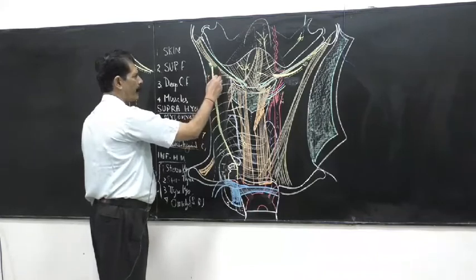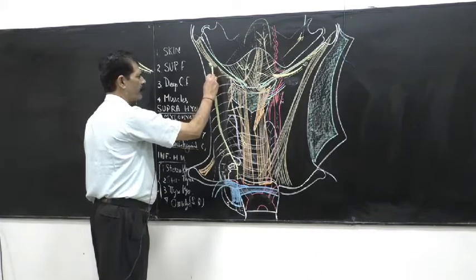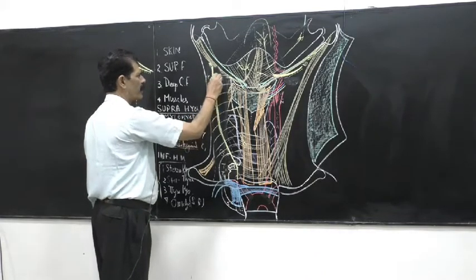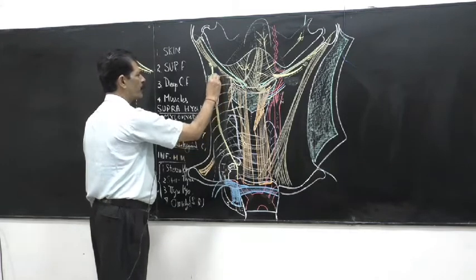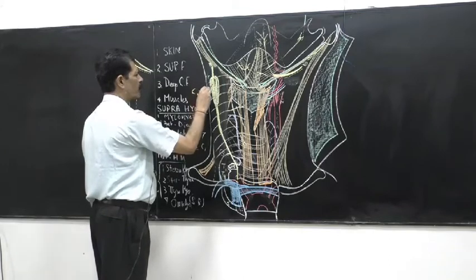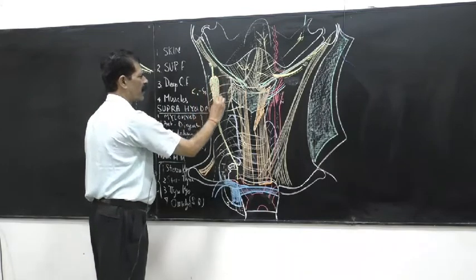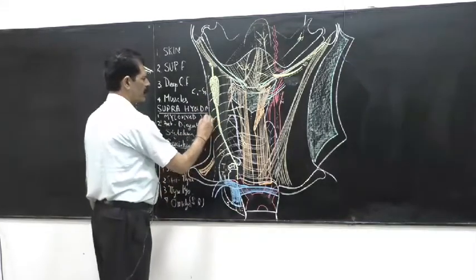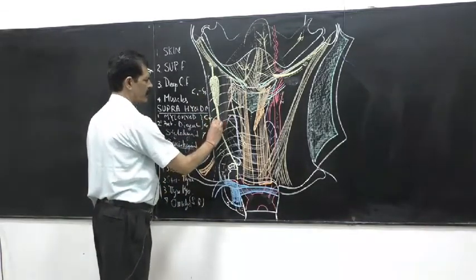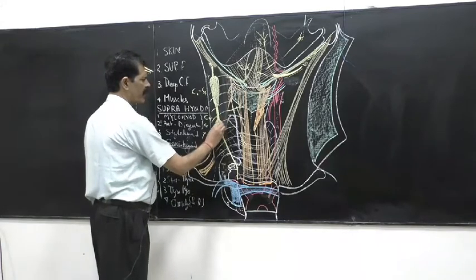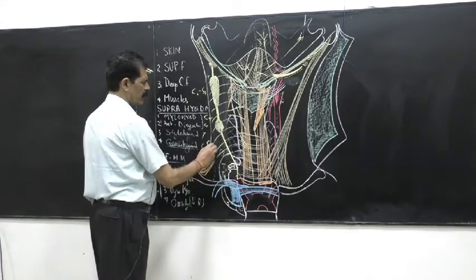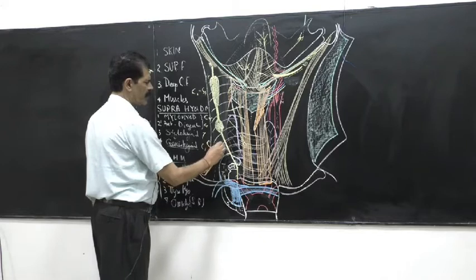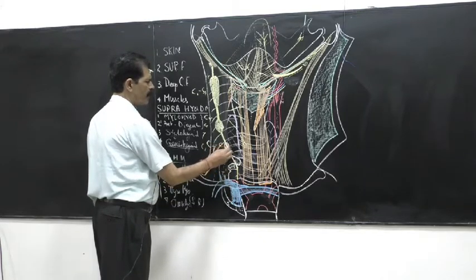So the upper four ganglia of the cervical region unite to form the superior cervical ganglion, which is fusiform. C1 to C4 unite to form one ganglion, called the superior cervical ganglion. C5 and C6 unite to form the middle cervical ganglion. C7 and C8 unite to form the inferior cervical ganglion.